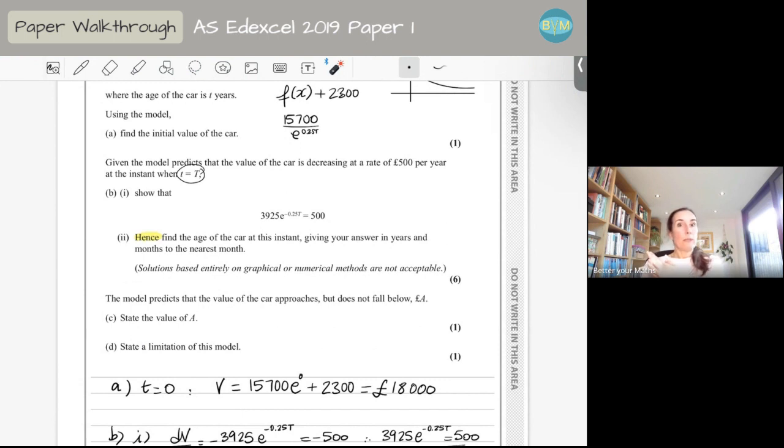And that could not be true. Maybe the car has an accident, or it breaks down completely, and you're not going to get 2,300. So in real life, the car could be worth less than 2,300 pounds. You can write that with your own words or something very similar, and you're going to get the marks.